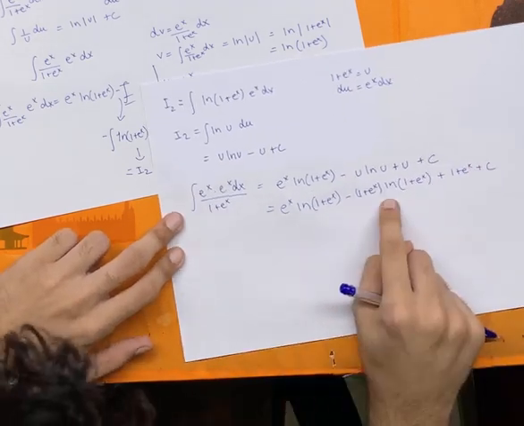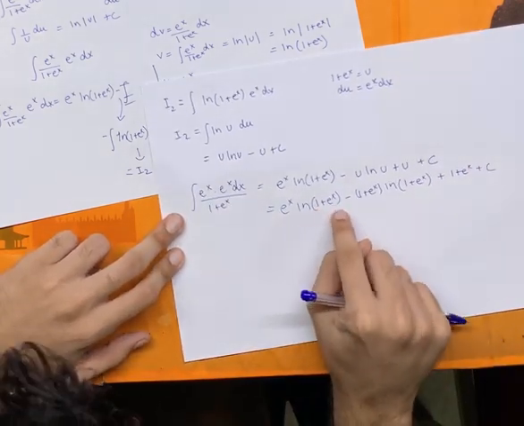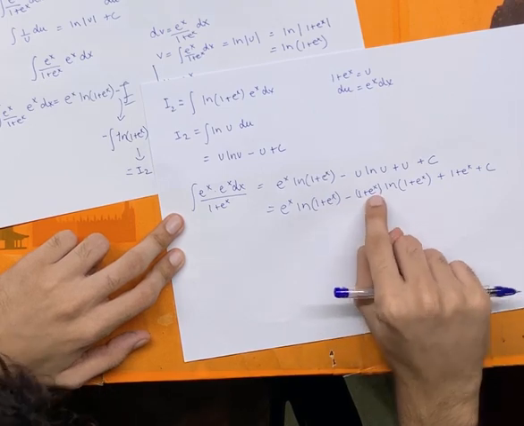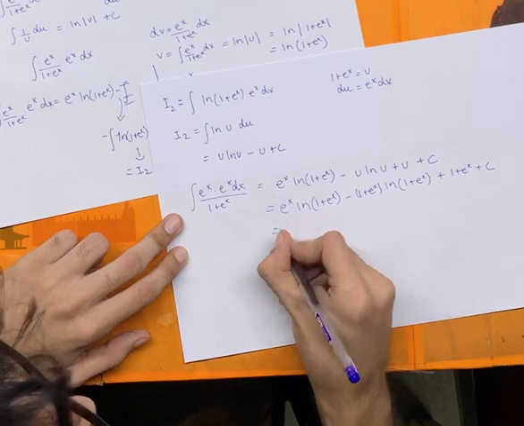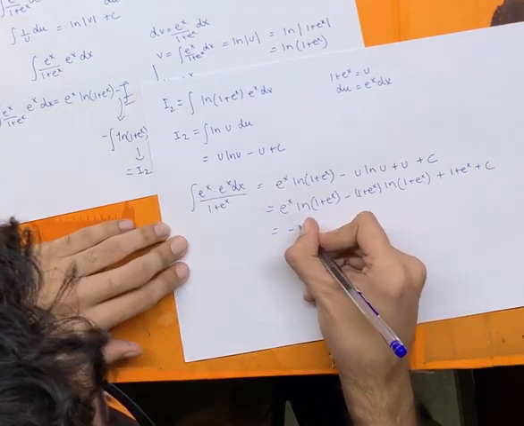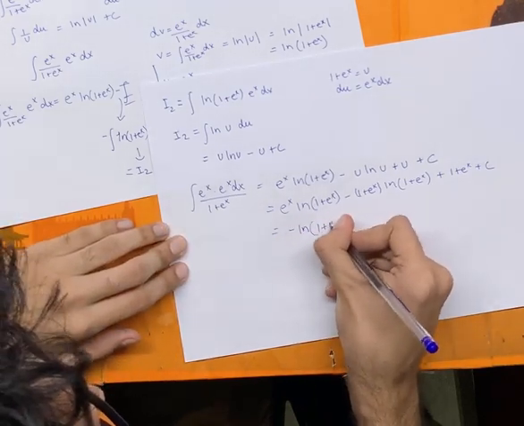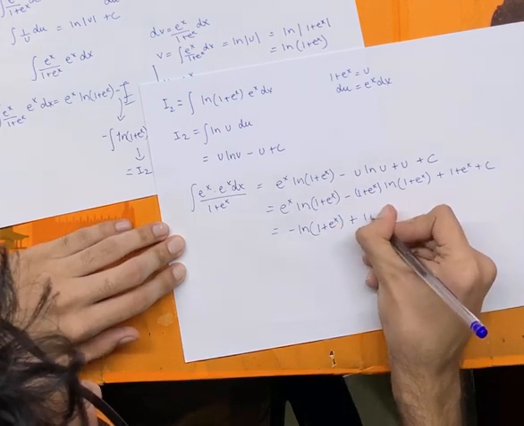Now if you can see, the e to the power x ln 1 plus e to the power x and the minus 1 plus e to the power x ln 1 plus e to the power x, when you open it out, it gets cut, and so we're just left with minus natural log of 1 plus e to the power x plus 1 plus e to the power x plus c.